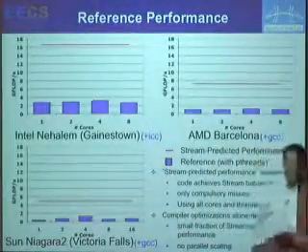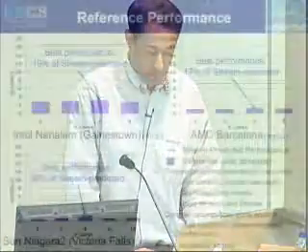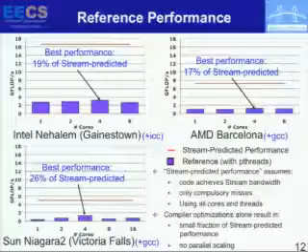So there's obviously some major issues that need to be addressed, and we'll talk about them as we go through this talk. Right, and this is actually quantifying what we see. The best performance on all 3 of these architectures ranges from 17% of stream predicted to 26%.